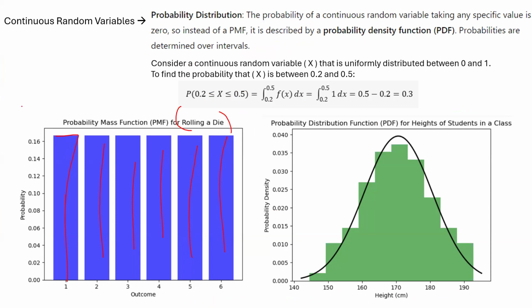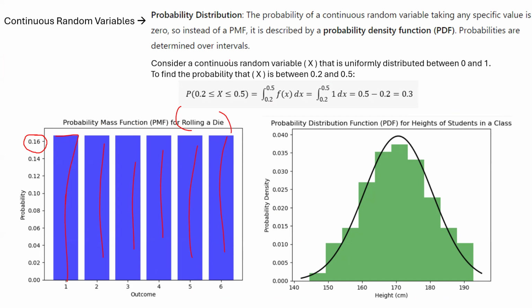That is 0.16, right? 0.166. So the probability of each outcome is coming as 1 by 6. The probability of every value when rolling a dice will be 1 by 6. That is what this graph is representing. This is called the probability distribution of different random variables.